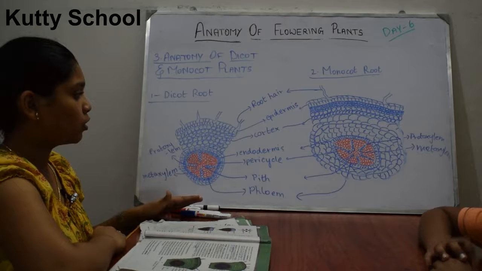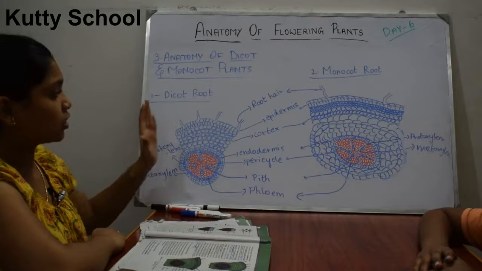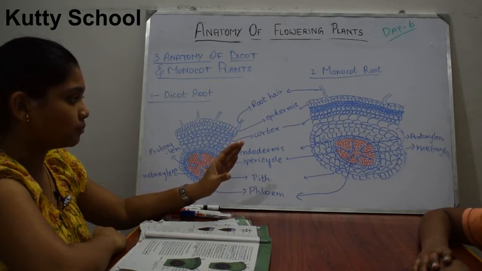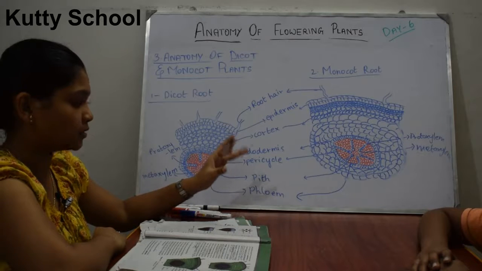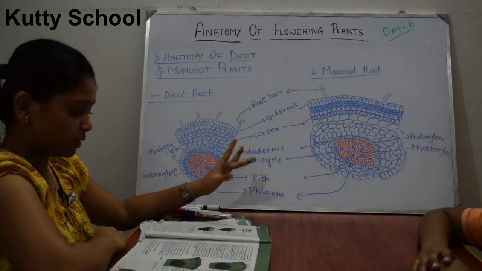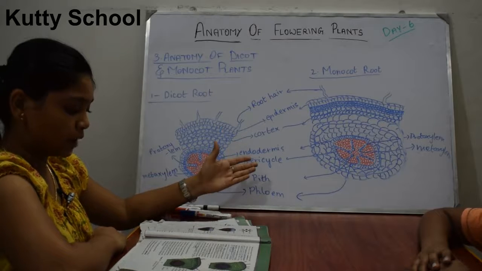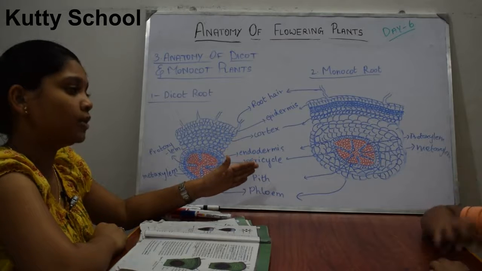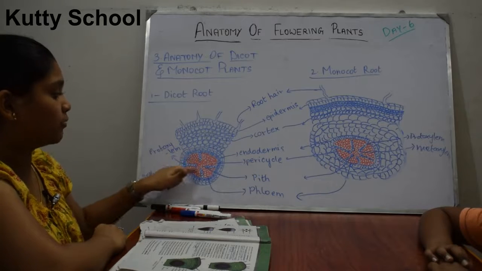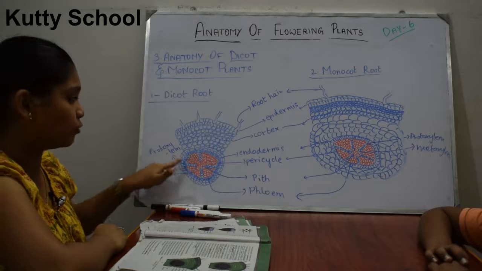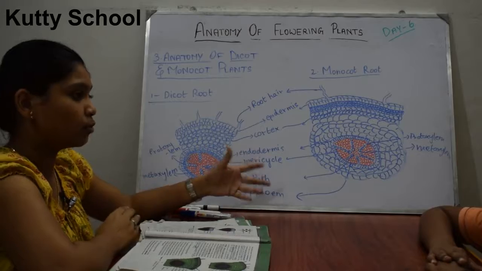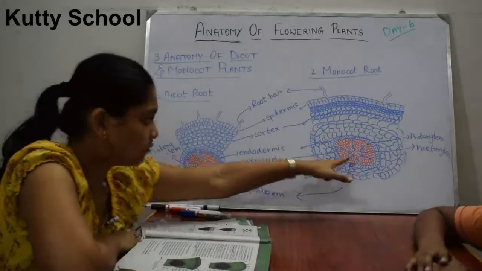Coming to the monocot root, the same kind of structure is also present, with some modifications. The pith is large here. The central pith is a little bit large and well developed. And in monocot roots, the xylem is polyarch, more than 6 xylem bundles: 1, 2, 3, 4, 5, 6, whereas dicot roots have only about 4.